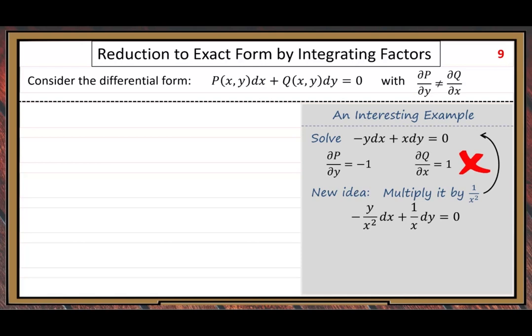After that change, now you check the exactness criterion this time, you get something different. Partial derivatives this time, partial M, N, still okay.